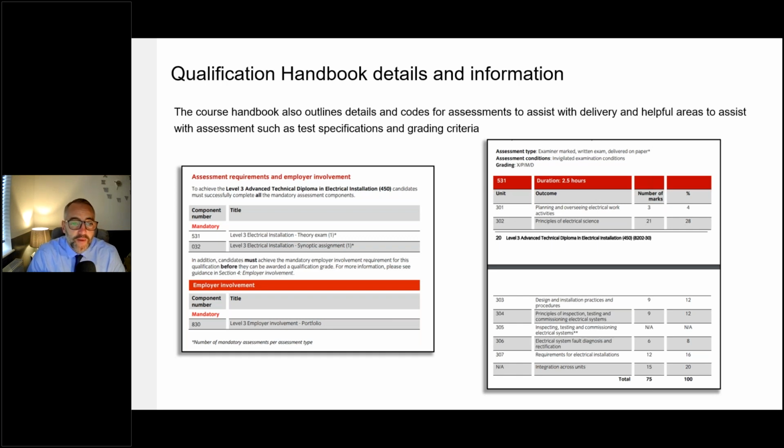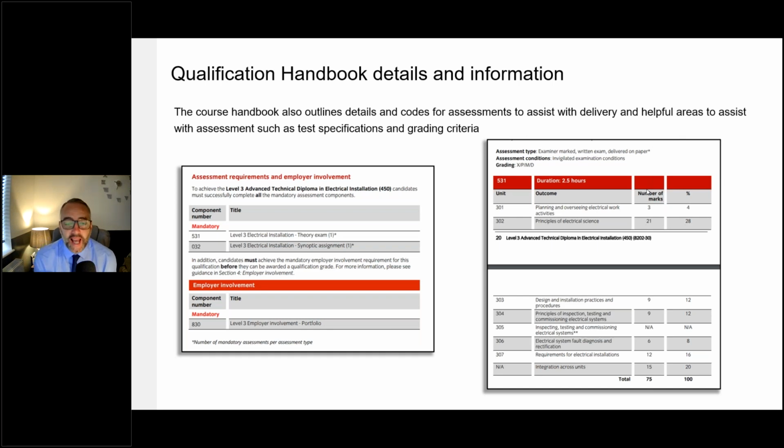So 531 being the theory exam, 032 being the synoptic, and another component of the qualification is the employer involvement, which is 830.